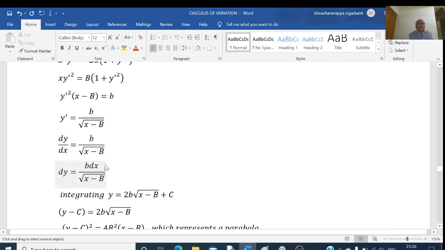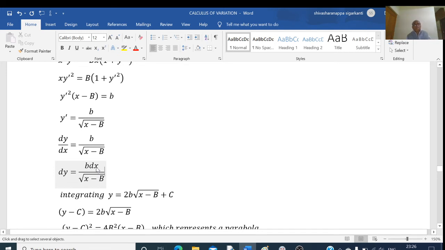Separating the variables here, dy is equal to b into dx divided by root of x minus b. Now if I integrate, left hand side will be y, equal to the integration of the right hand side. If I write this in the numerator, this will be x minus b to the power of minus 1 by 2.